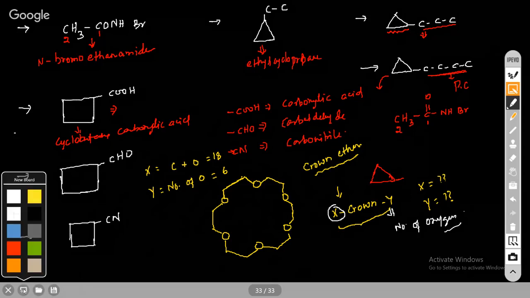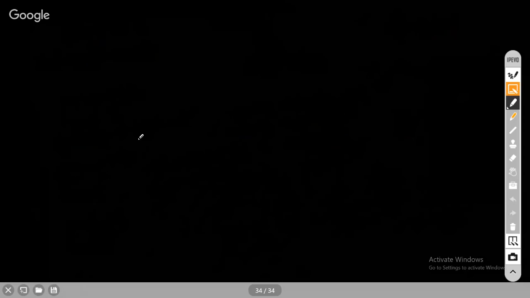Okay, now we are moving ahead. We already know what the I effect is, plus I and minus I. There are very few plus I groups, but there are a very large number of different minus I groups, and depending on these groups, we can easily understand the stability of carbocation, carbanion, acidic nature, basic nature, and all.